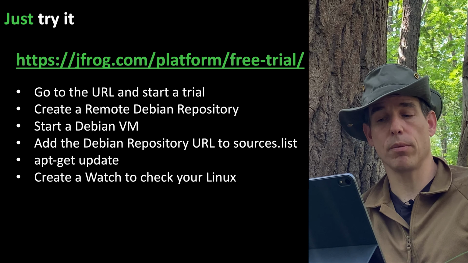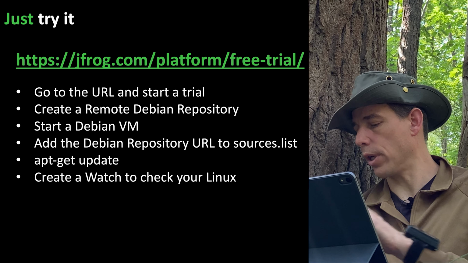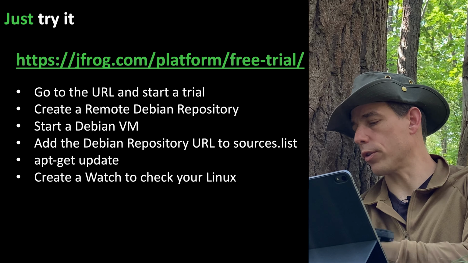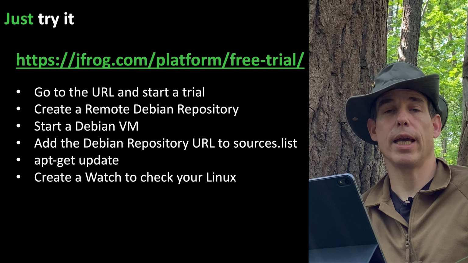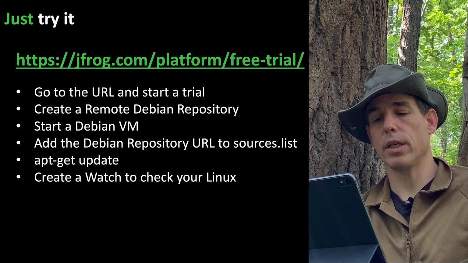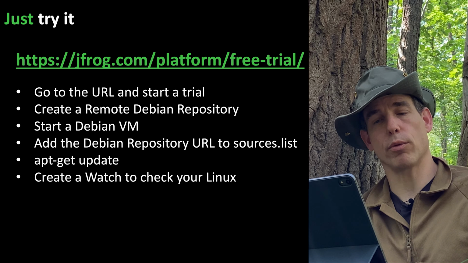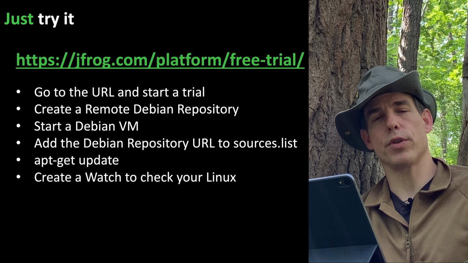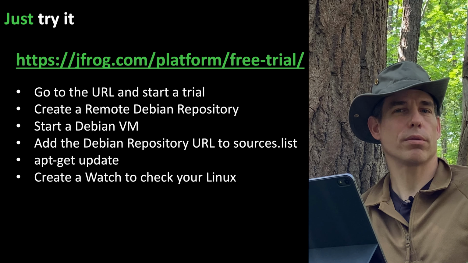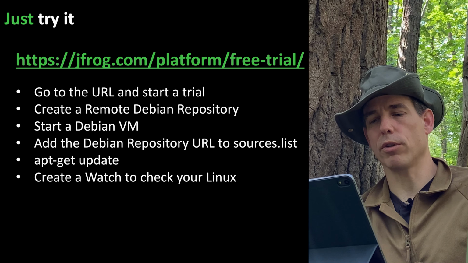Start a Debian VM and add the repository explicitly to sources.list. If you have this one, start an update and see what's happening. And if you have created a watch in X-Ray, just check the report, what components you're using, what compliance issues or security issues you have.